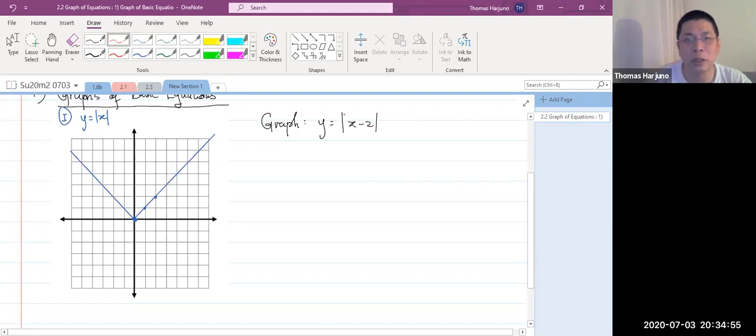You will see if I replace the x here, replacing x by x minus 2, it will move the graph to the right 2 units.